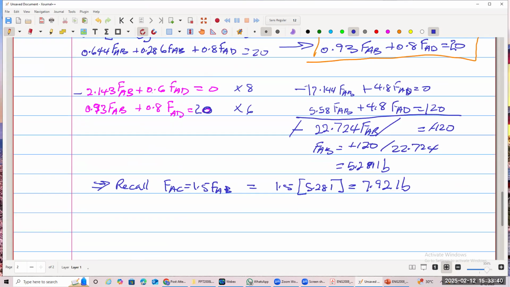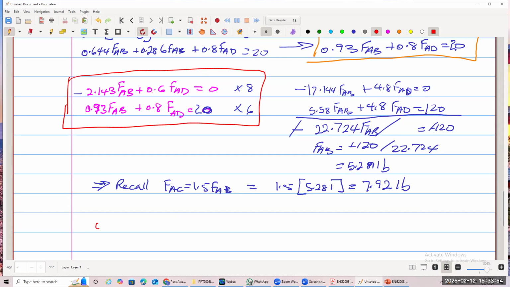Easy. We don't have to use that. We can use these, any one of these. So let's use the last one. So you have 0.93 F_AB plus 0.8 F_AD equals 20.